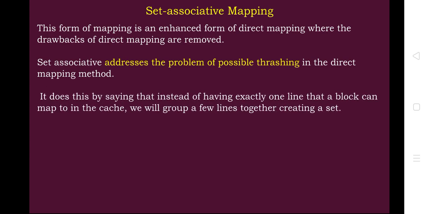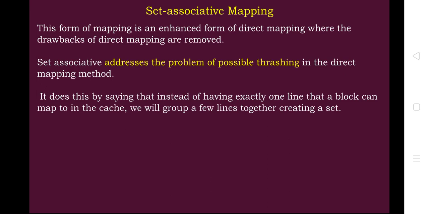Frequently bringing the data from main memory to cache memory often requires some housekeeping work. For that housekeeping work, we need more memory cycles and more work from the CPU. That process is called thrashing. In order to avoid this possible thrashing in the direct mapping method, set associative mapping gives some improvement.